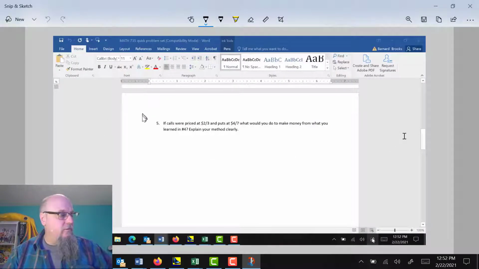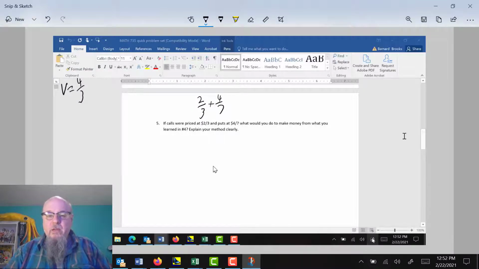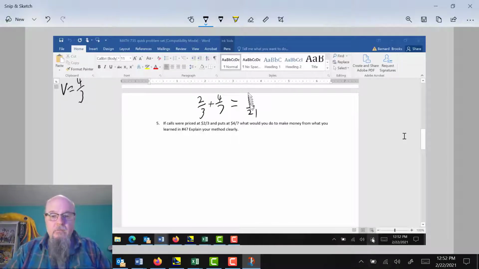So I know the value of a straddle. Let's make a note to self: the fair price should be 4/3. But we see that calls are priced at 2/3 and puts are priced at 4/7. So if I add that together, let's do everything in terms of 21s, I get the market price of the straddle, what it's buying for.